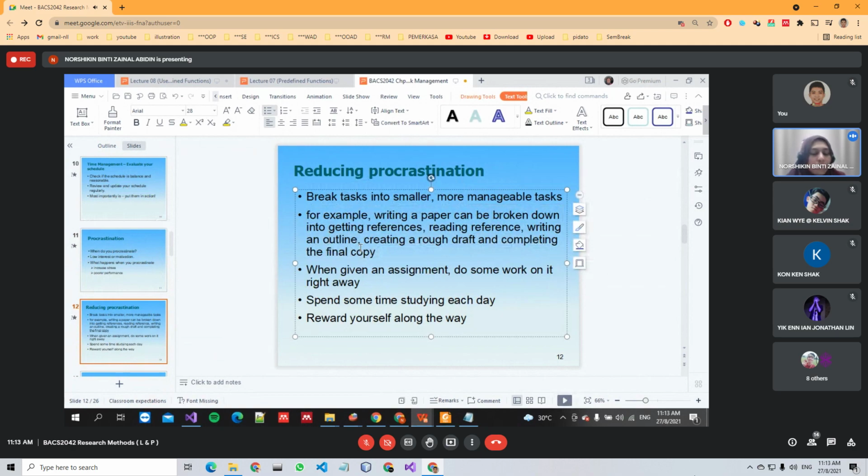That means you do not complete everything within a night. When given an assignment, do some work on it right away. At least try to read the specification. Maybe for your research, try to understand what you want to do, or do some internet surfing on your research, so you have some basic idea.